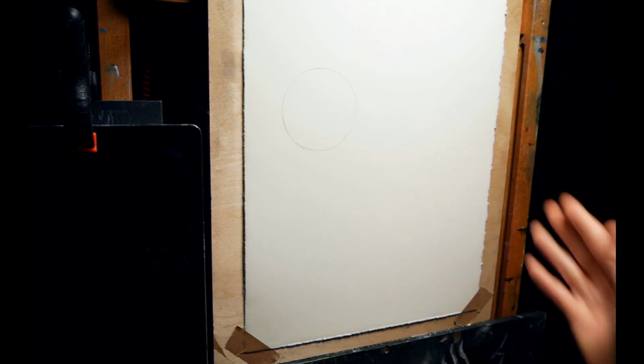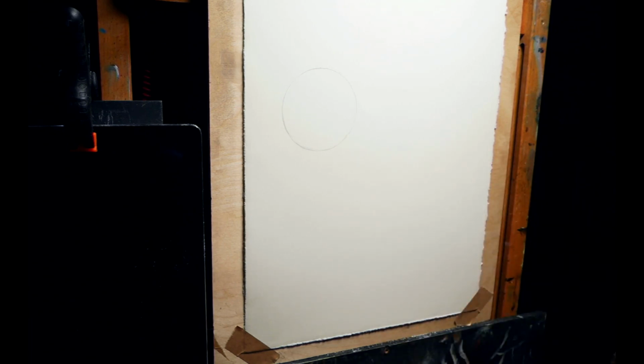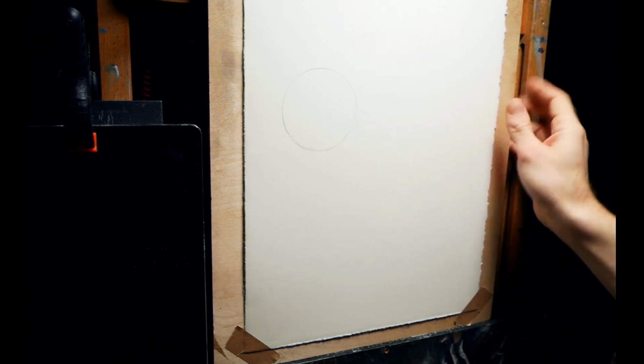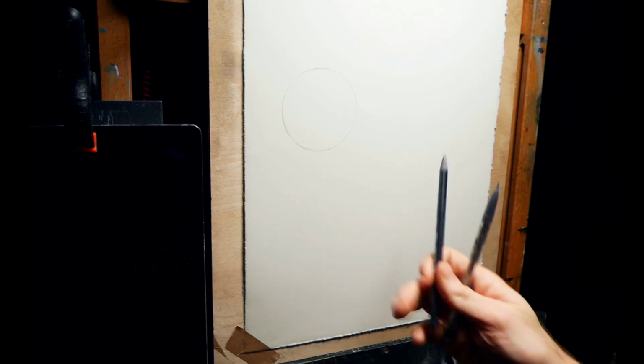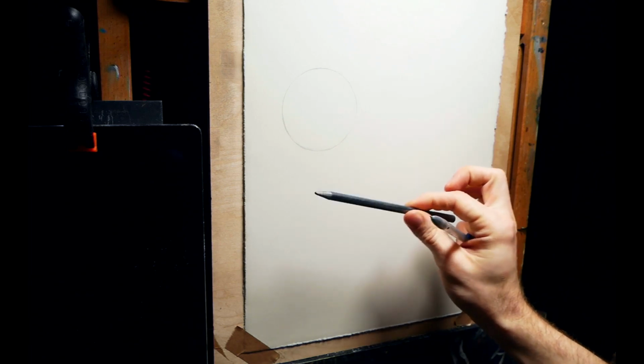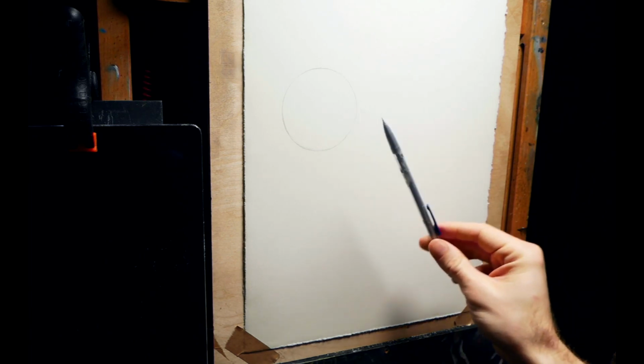I'll quickly go over materials. I don't have a very strict materials list for this workshop because it's basically just some paper and some pencils, but I'll tell you what I'm working with. I've got some white paper taped onto a drawing board, but you can use a sketchbook if you like. I've got a graphite stick pencil, and I'm also using a mechanical pencil with an HB lead, but pretty much any type of pencil, like a 2B, B, 3B, 4B, will be fine.